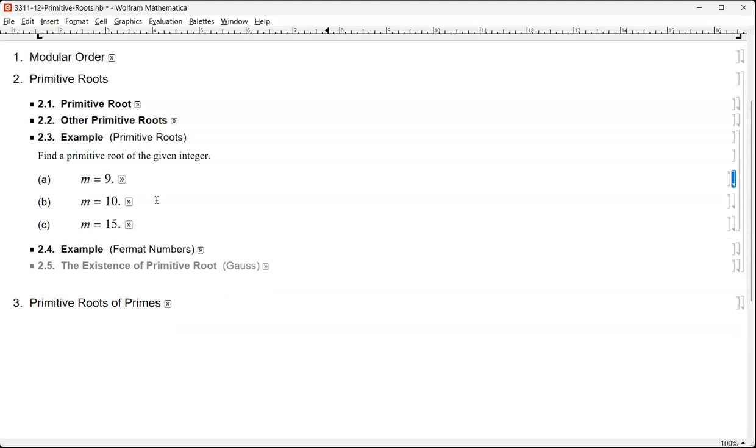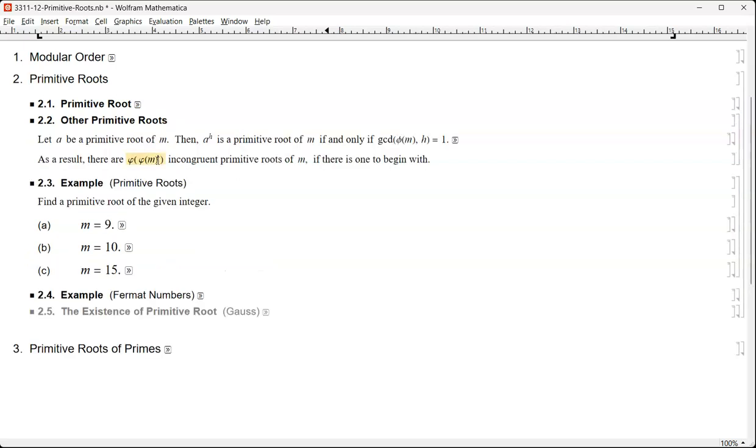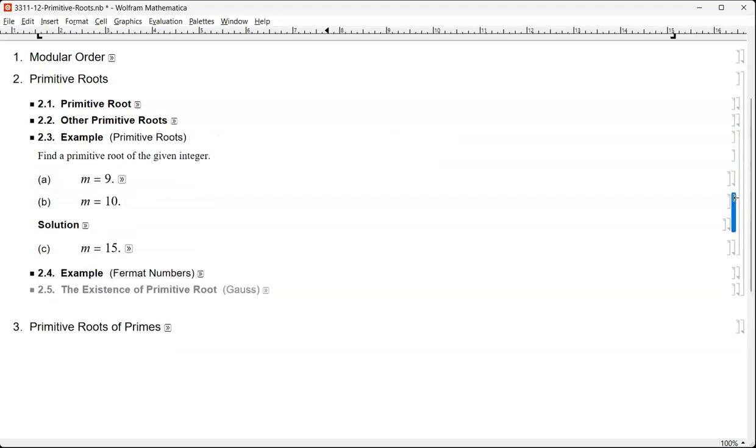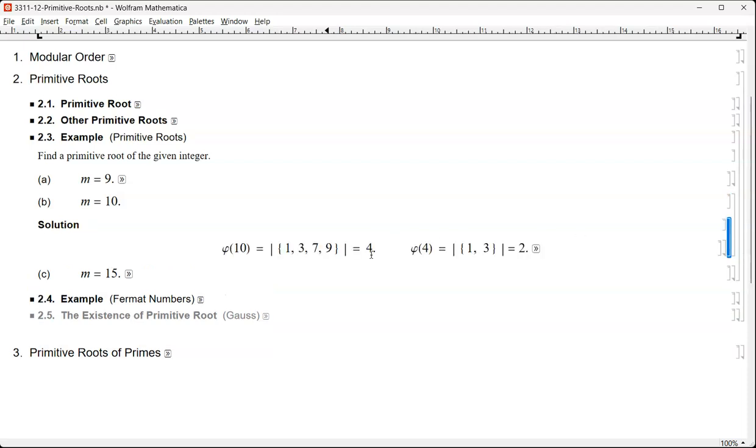How about m is 10? Well, again, go ahead with phi of 10. Remember, phi of m. So phi of 10, among all the positive integers, 1 to 10, only these are relatively prime to 10.